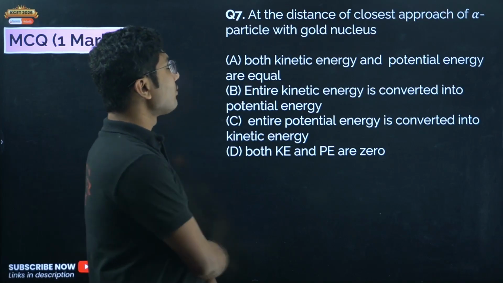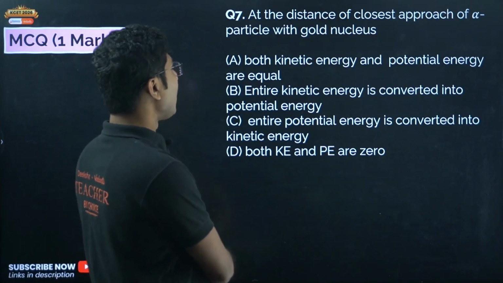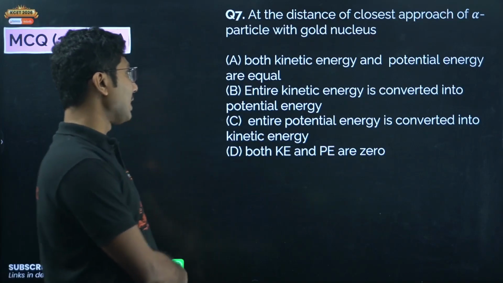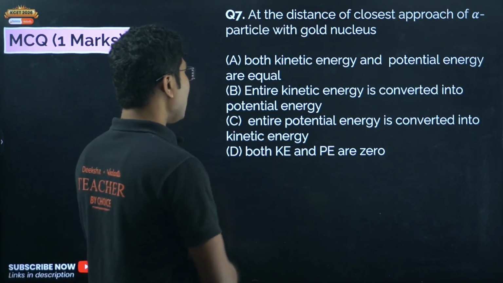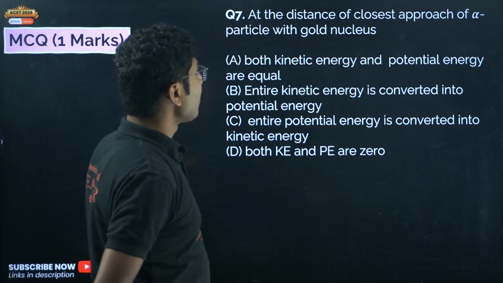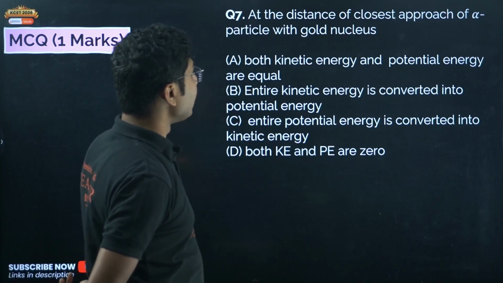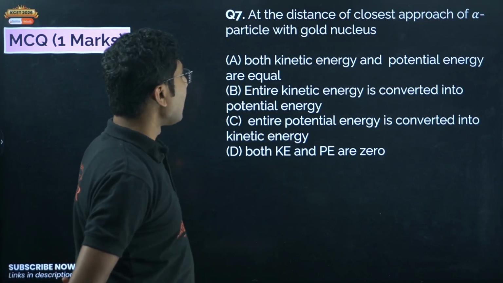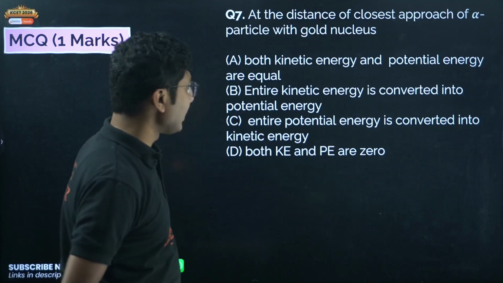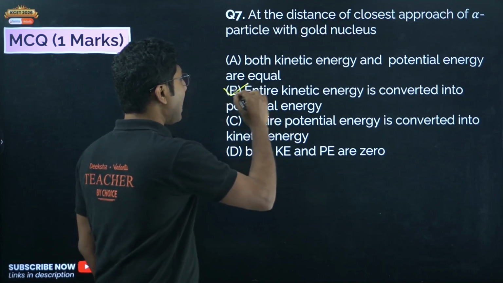At the distance of closest approach for an alpha particle with a gold nucleus, both kinetic and potential energy are equal. Okay, so at the distance of closest approach of the alpha particle with the gold nucleus, the entire kinetic energy is converted into potential energy. That is the correct answer.